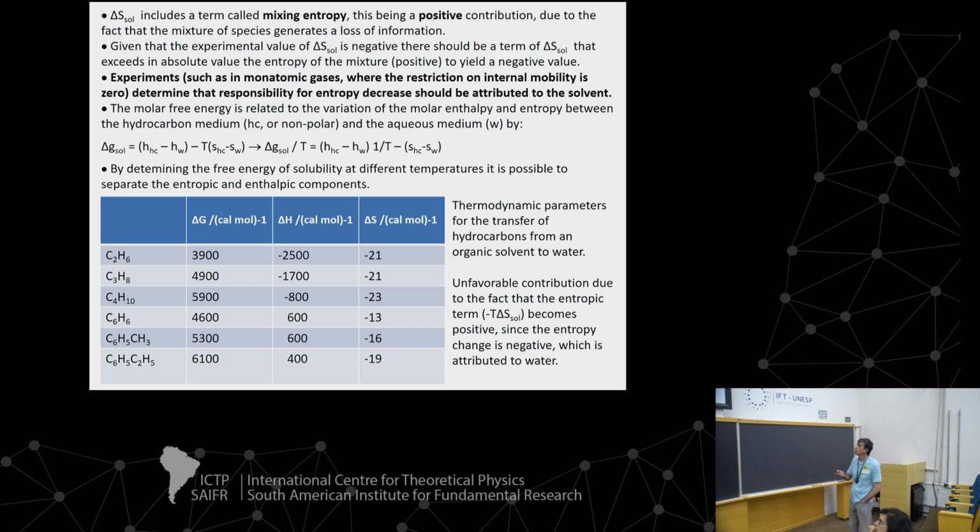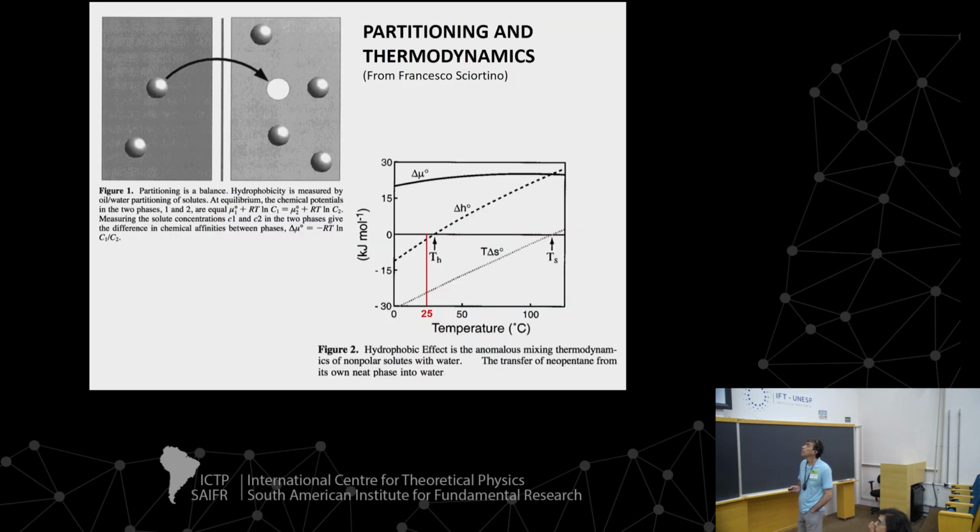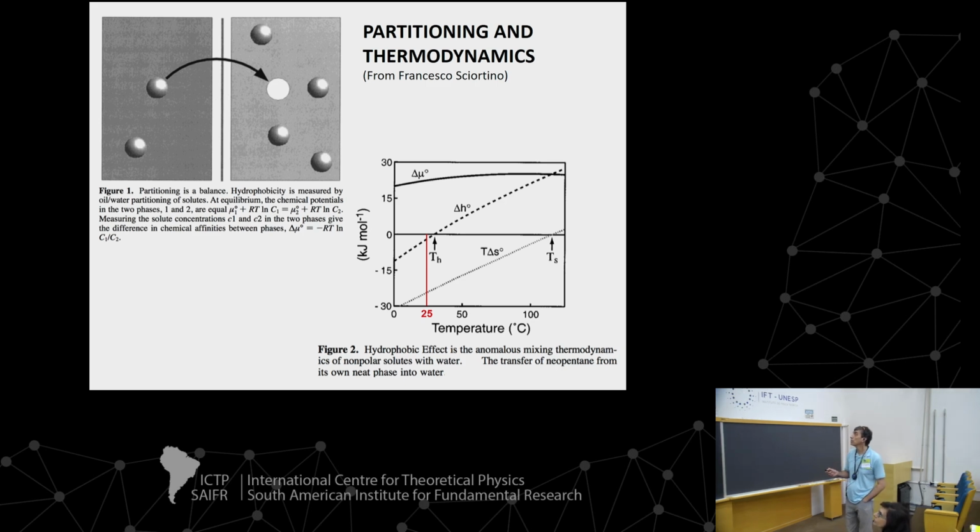This entropy loss is due to the effect of water. This is, for example, the transfer of a nonpolar solid from its medium to water, and you have here the chemical potential, and also the changes in enthalpy and the entropic term.